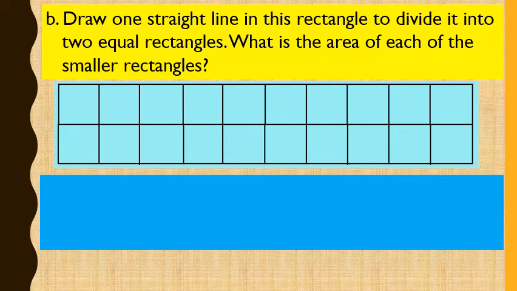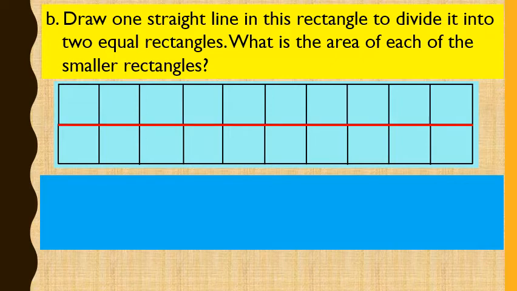B. Draw one straight line in this rectangle to divide it into two equal rectangles. What is the area of each of the smaller rectangles? So now we divide the rectangle into two equal rectangles by drawing a line as shown in the figure with red color.